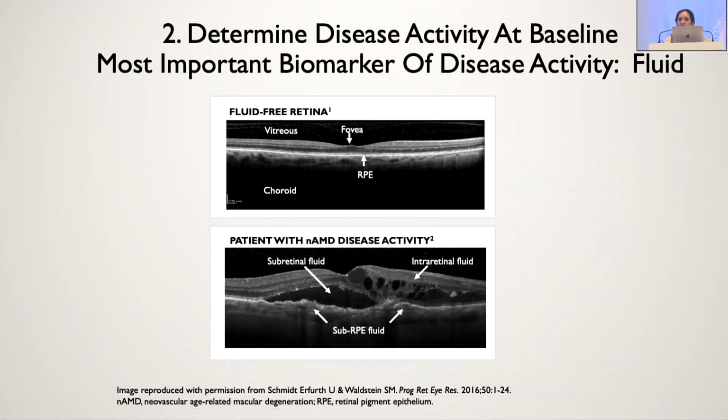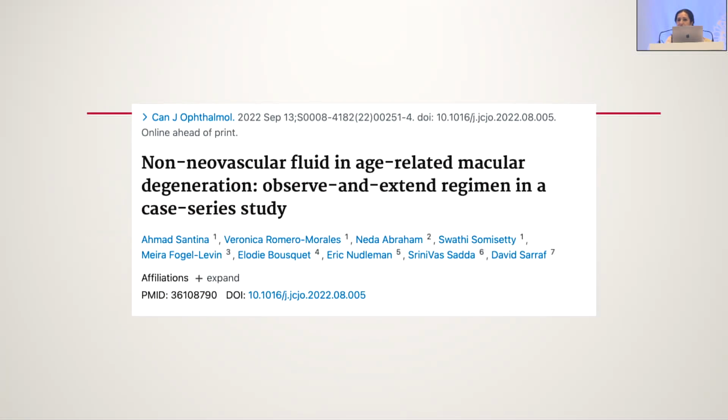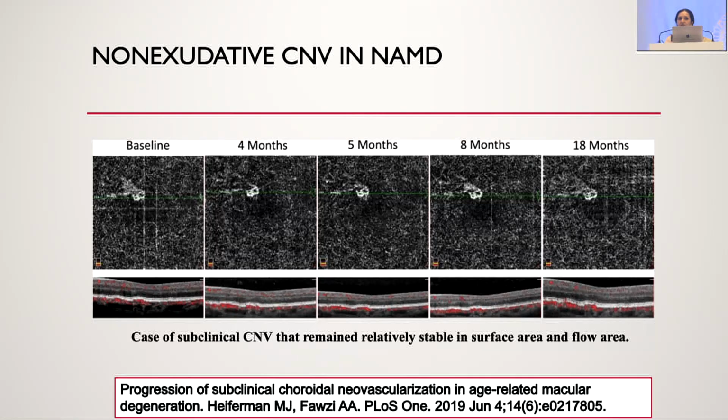To determine whether disease activity is present at baseline and how you would follow up these patients, we have all sorts of fluids. This was not possible before, but now we can compartmentalize the fluid into intraretinal, subretinal and sub-RPE, and decide when to start treatment. We all know that you could now have non-exudative CNV as well.